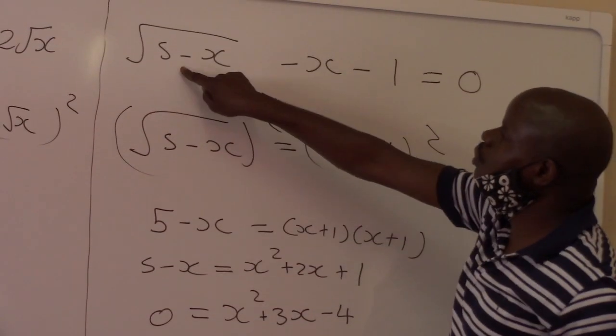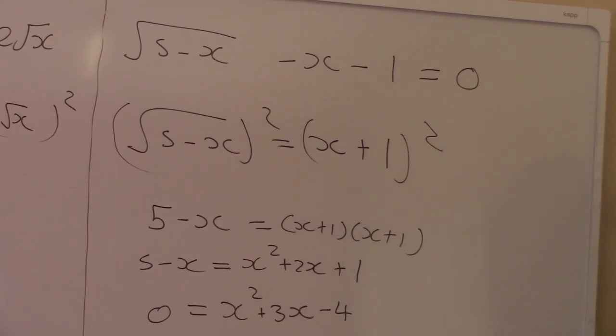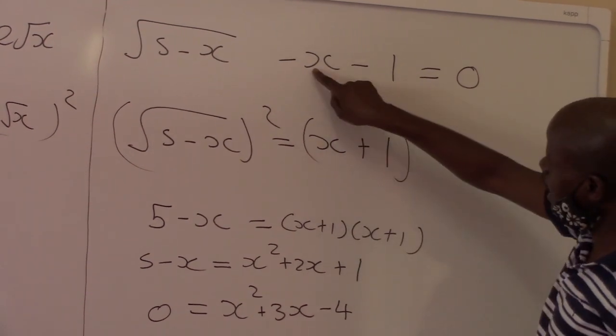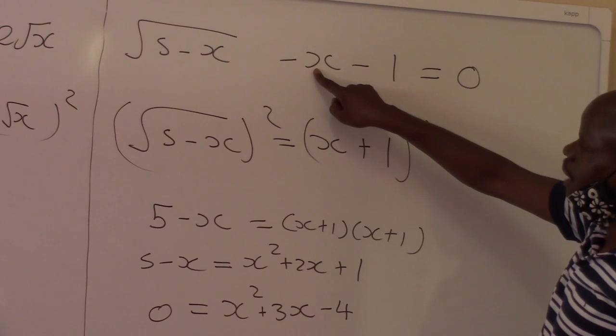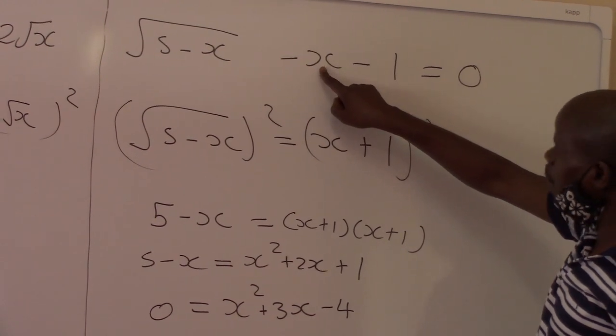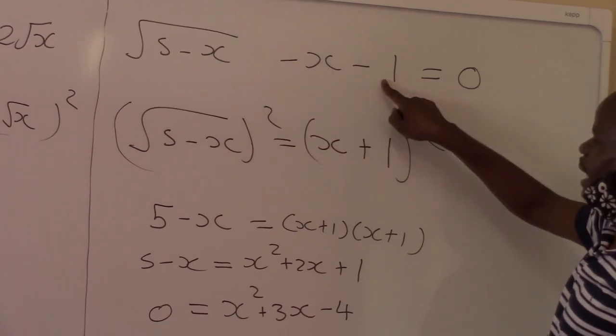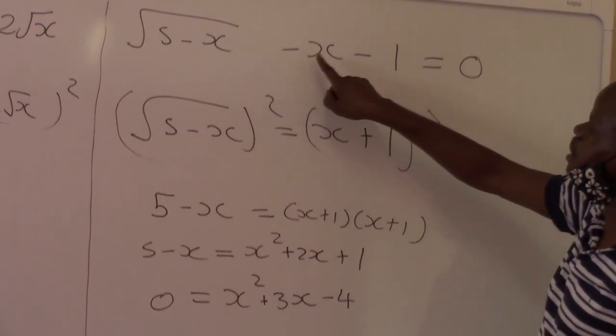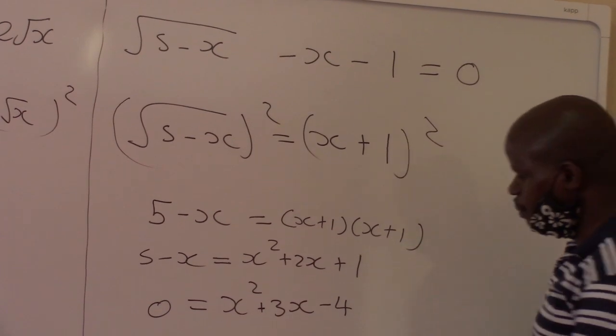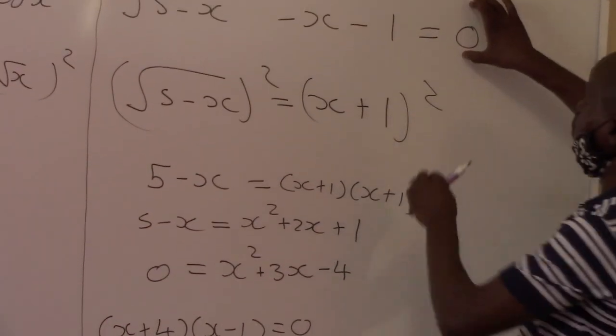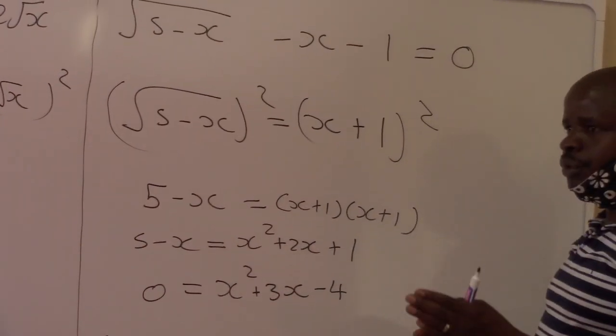And then the square root of 9 is 3. And then again here, it's going to be positive 4 because of that negative. So it will be 3 plus 4 minus 1. So 3 plus 4 is 7, minus 1 is 6. So this one is not going to give us a 0. So then we take it out.